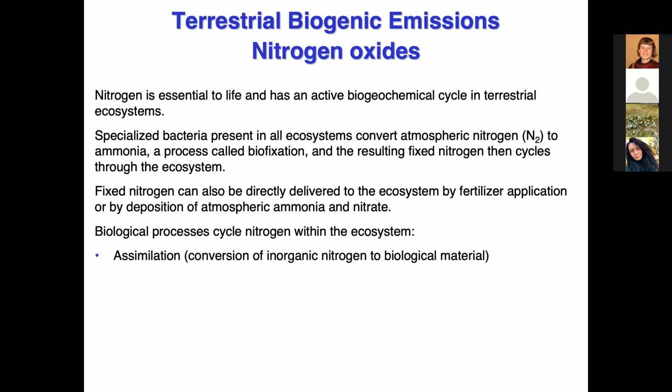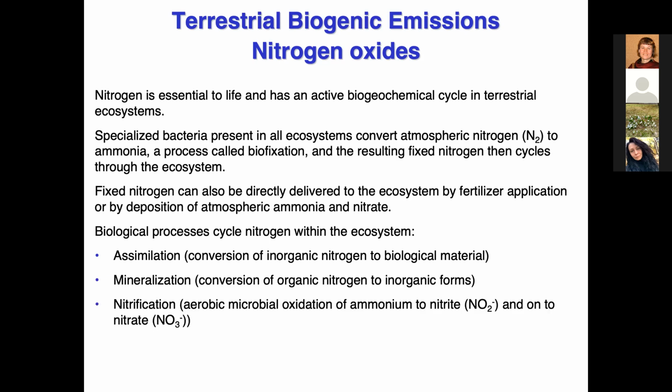Biological processes cycle nitrogen within the ecosystem. So you have assimilation, and you don't have to remember all these words: assimilation, conversion of inorganic nitrogen to biological material. Mineralization, conversion of organic nitrogen to inorganic forms. Nitrification, aerobic microbial oxidation of ammonia to nitrite and onto nitrate.